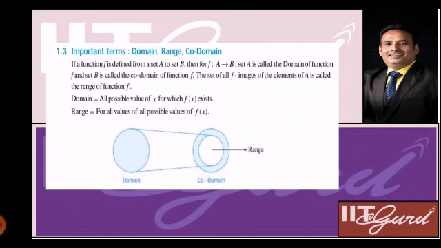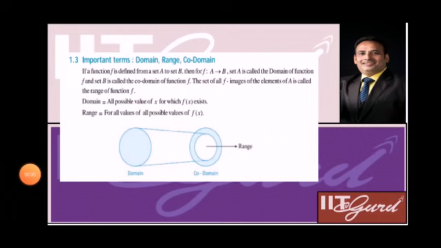So let's see the important terms: domain, range and codomain. As far as we have discussed, the domain is the set of elements which are allowed for the function, the feasible values allowed for any machine, which is also called the input. And the result, the output of this particular domain, is the range.